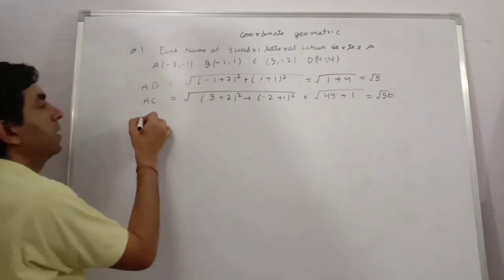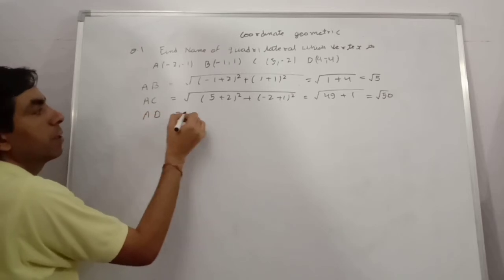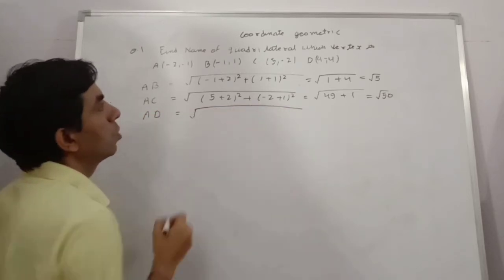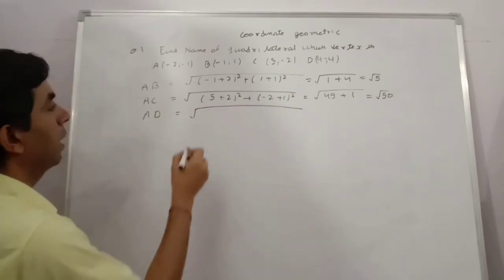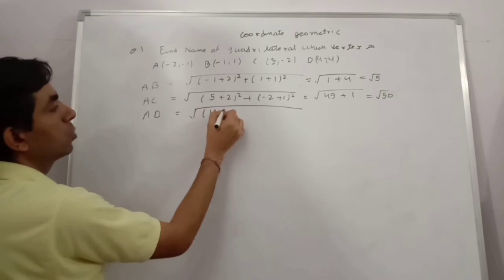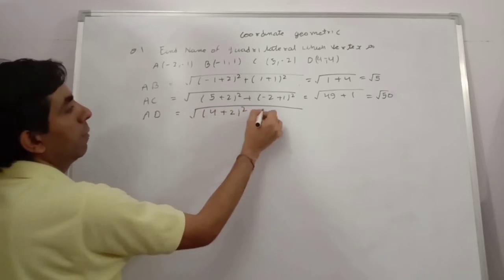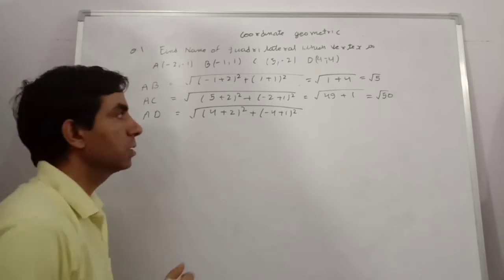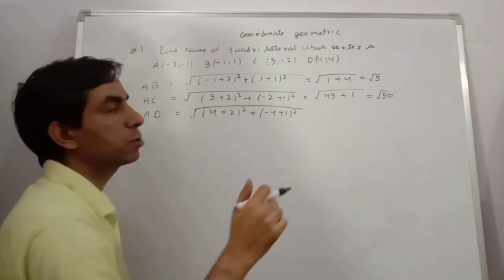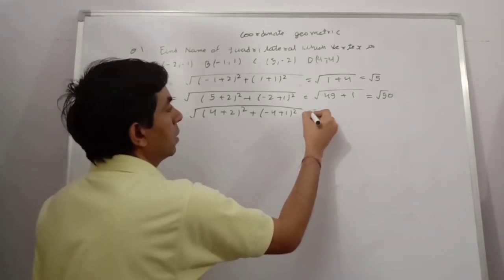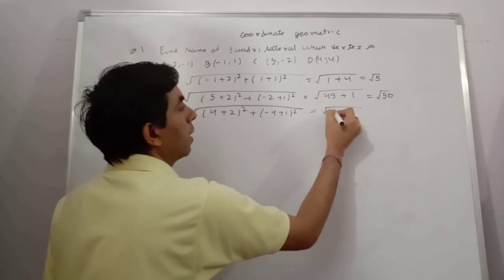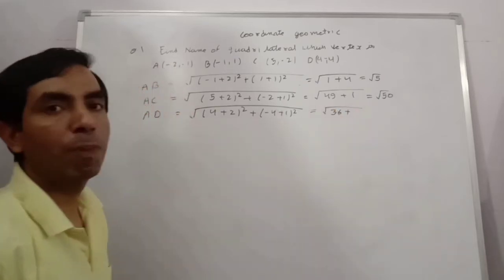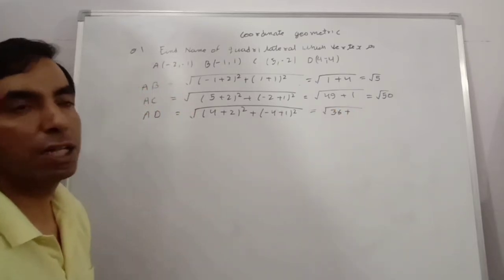Next we find AD. AD equals root of (4 plus 2) whole square plus (minus 4 plus 1) whole square. 4 plus 2 is 6, 6 square is 36, and minus 4 plus 1 means minus 3, square is 9.